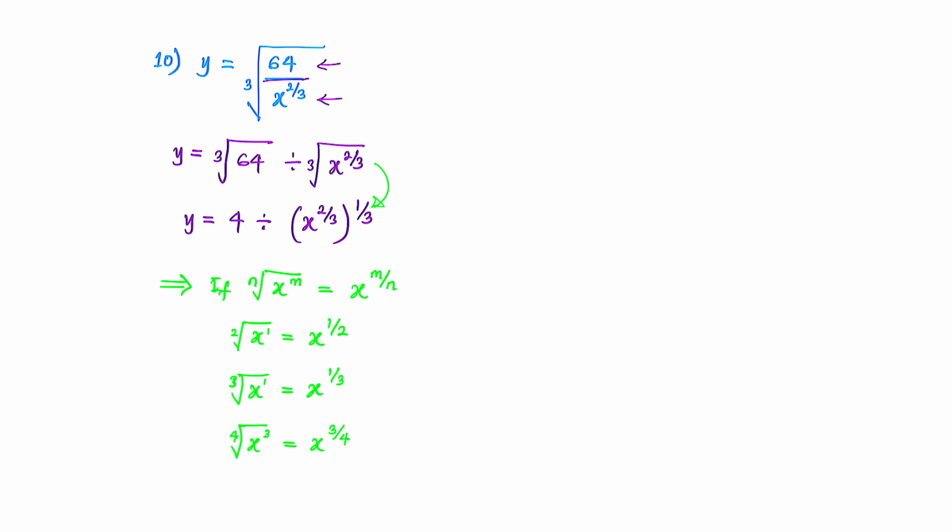Now that we have this function in this format, let's simplify it further. So y equals 4 divided by x raised to power 2 over 3, all raised to the power of 1 divided by 3. So we have x to the 2 over 3 multiplied by 1 over 3.